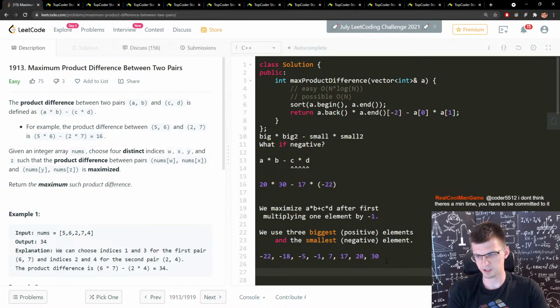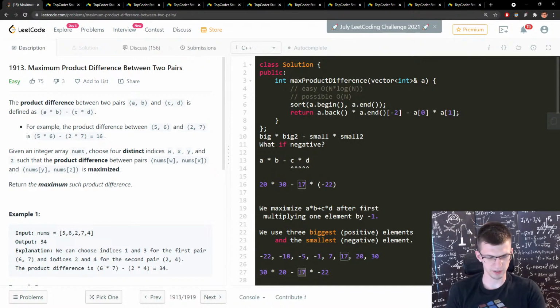It will be something like 30 times 20 minus 17 times minus 22. Maybe here we should slightly modify the order depending on the situation. Maybe this should be 20, this 17. I think in this case that order was fine. Because 30 was big, so we want to put as big a number as possible next to it. This is the maximum possible difference of two products.